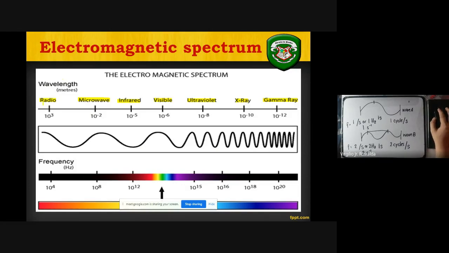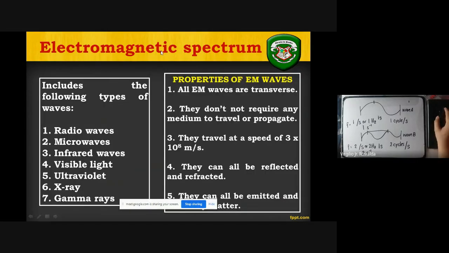So here, we have radio, micro, infrared, visible, ultra, X-ray, and gamma ray. Okay? So, electromagnetic spectrum includes the following types of waves. Ito, inisa-isa na natin sila kanina. So, we have their radio. So, normally, yung mga radio natin sa mga radio station, ginagamit for telecommunications, microwaves, sa mga microwave oven.